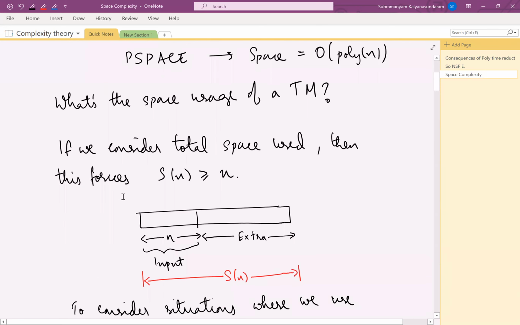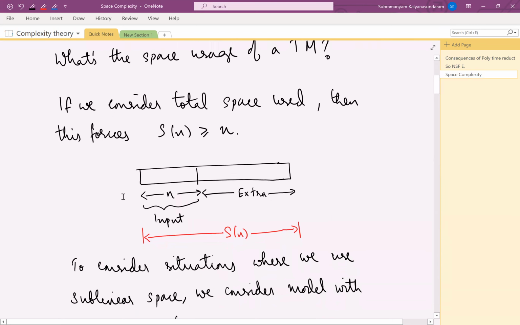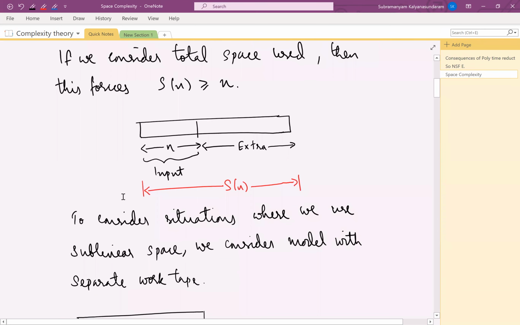So before even getting into that, what is the space usage of a Turing machine? The one obvious starting point that everyone may think of: suppose you have a deterministic Turing machine, let's say a one-tape Turing machine, how much space does a computation take? And that is the space usage. This notion is okay, but it has a certain issue. Let's say the input is recorded in the first n cells of the tape.